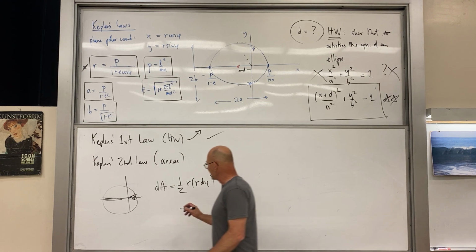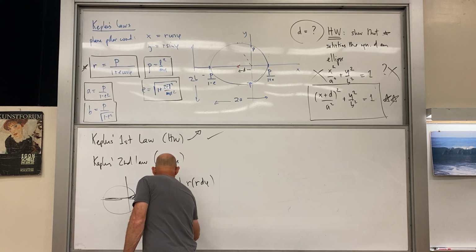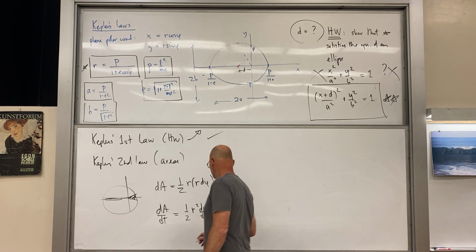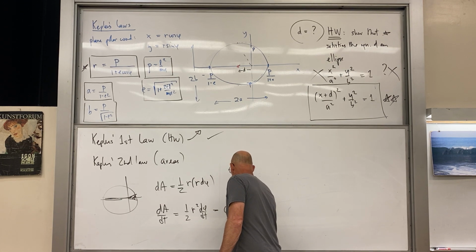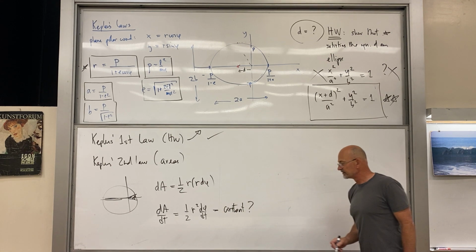So what we're saying is dA/dt, which is 1/2 r squared dphi/dt, is constant. I'll put a question mark there. Constant?